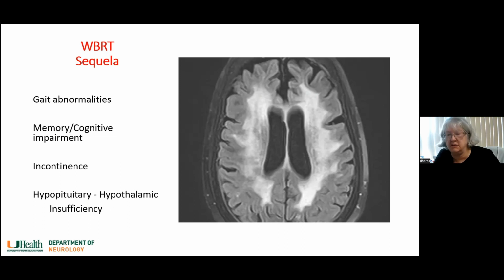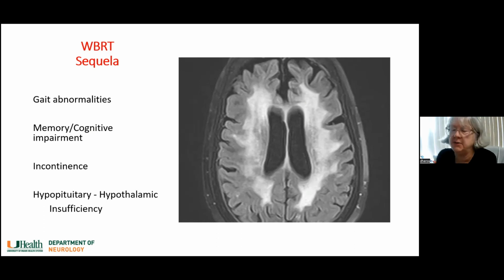Clinically, the patient does look like an NPH syndrome, with memory and cognitive impairment, gait disturbance, incontinence, and unfortunately does not respond to shunting. So again, keep that in mind when we see our patients with prior whole brain radiation therapy, and especially patients who have received intrathecal chemotherapy or high-dose methotrexate or other neurotoxic chemotherapies.